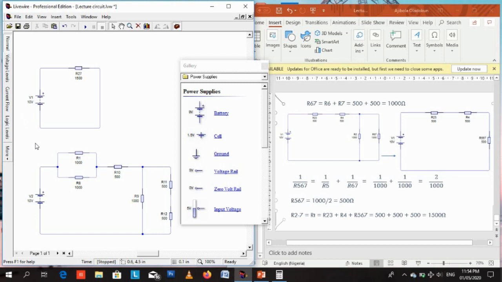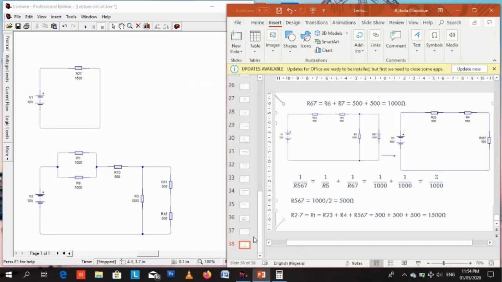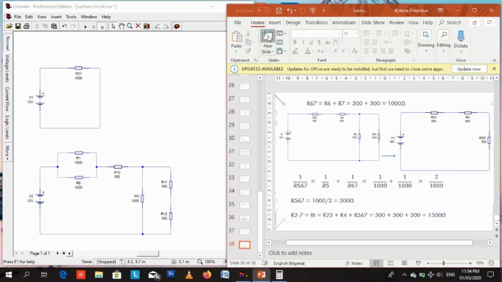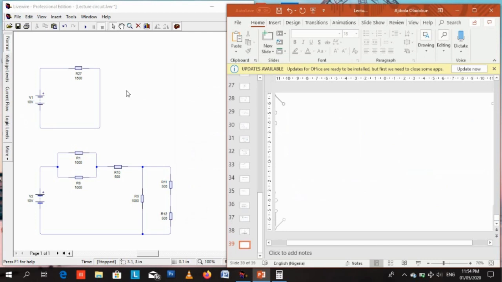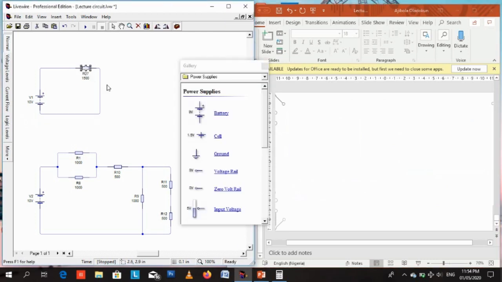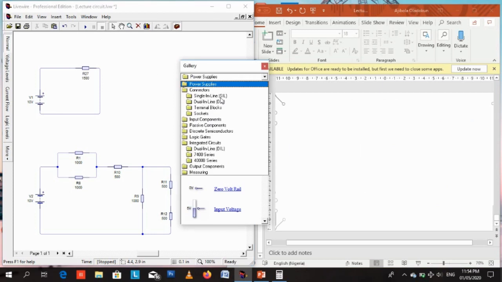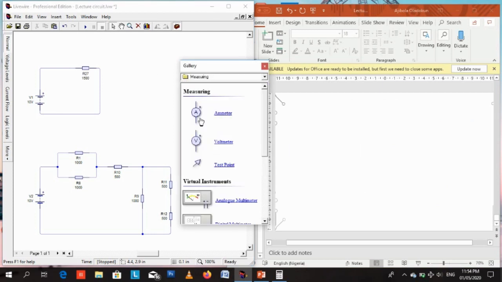So the total resistance, or the equivalent resistance of all the resistors we had below here, are replaced by just a single resistor, R27. R27 replaces all the resistors from R2 to R3 to R4 to R5 to R6 to R7. So that's the total resistance of the whole thing. The total resistance of the entire thing is R27.